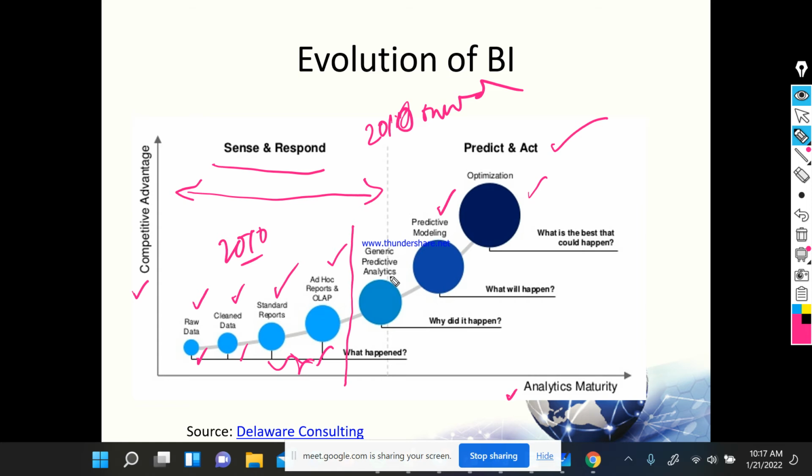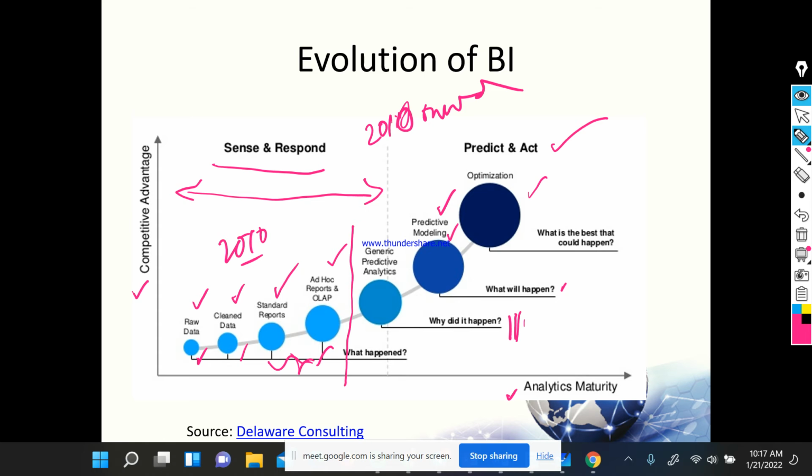But generic predictive analytics, why did it happen? Because there is market growth, and you need more prediction than ever, and that leads to predictive modeling. Predictive modeling, why? Because you are trying to overcome market threats and achieve better productivity.